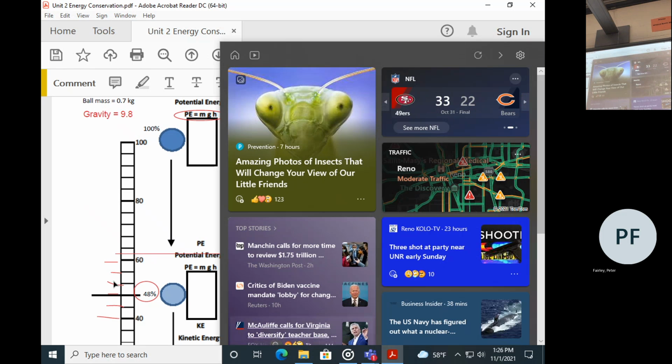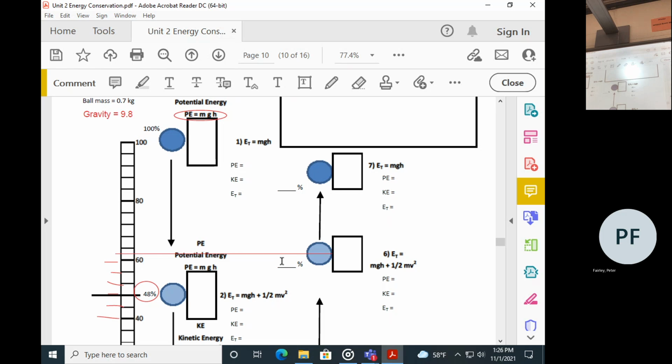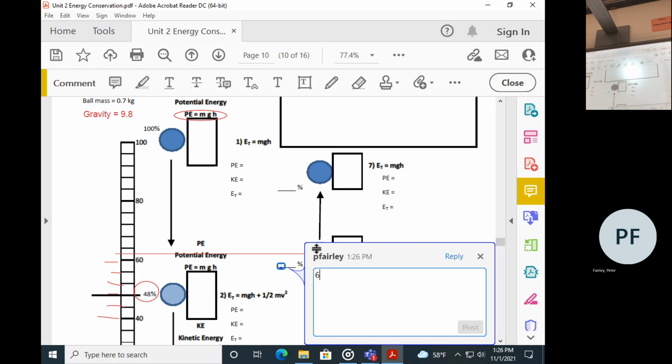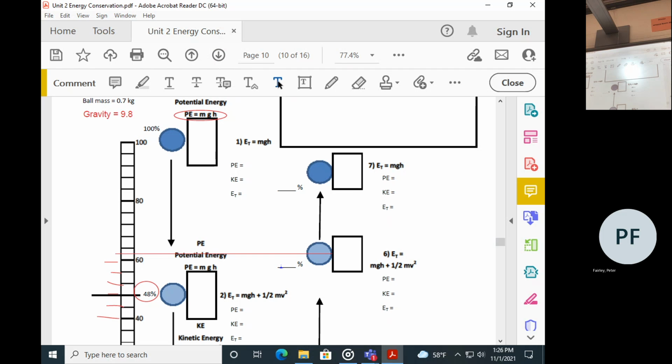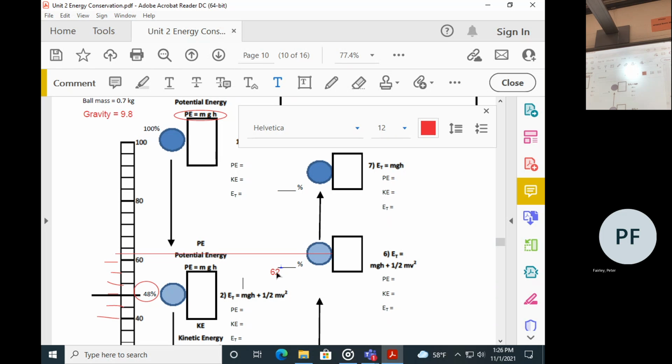That would be 62, huh? Do the calculation. I'm not going to do a copy for mine. 536. Are you good with that? You see how I got 62?